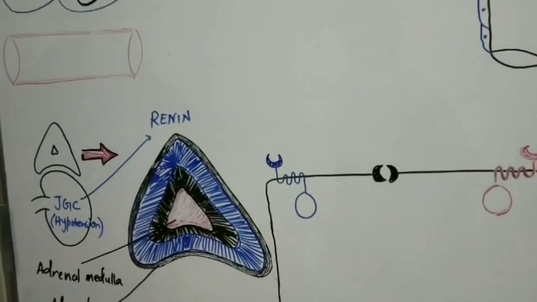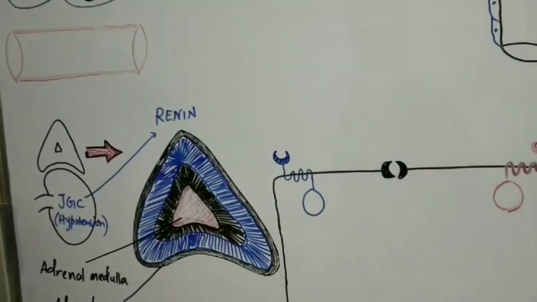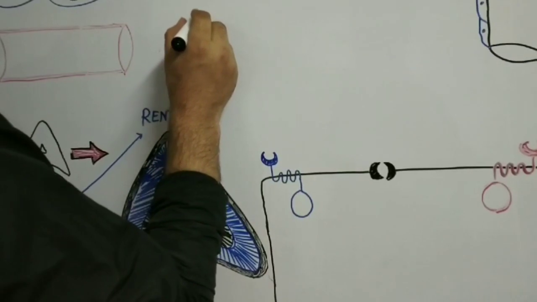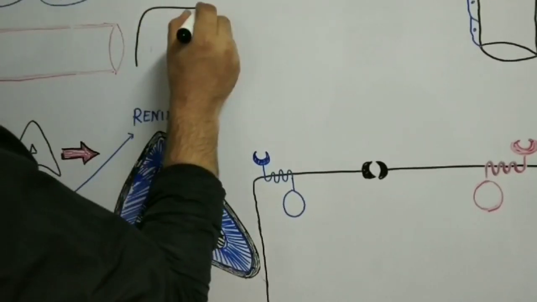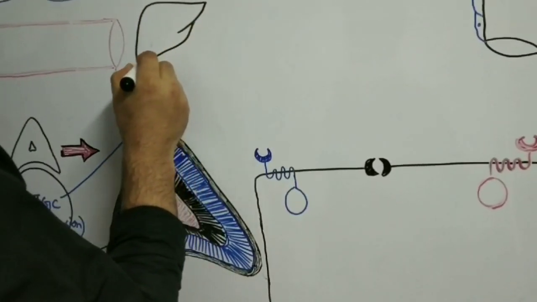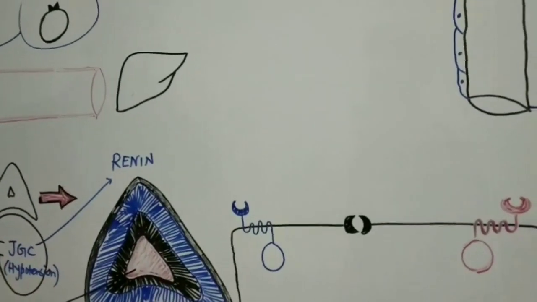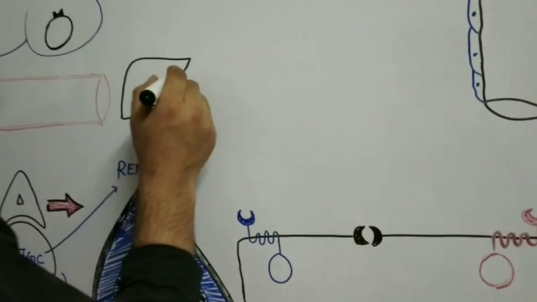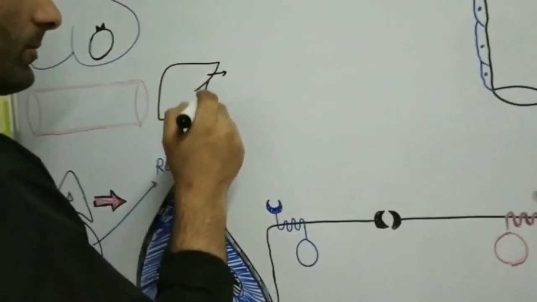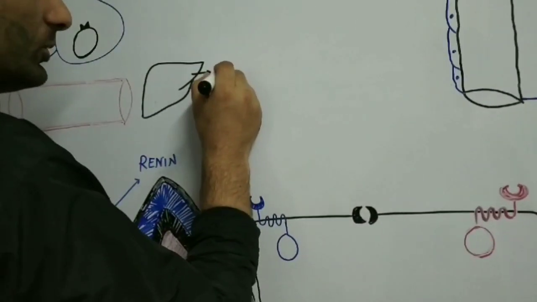What the renin is going to do, first let me clear a basic concept here. Suppose this is your liver. The liver secretes a plasma protein which is known as angiotensinogen.